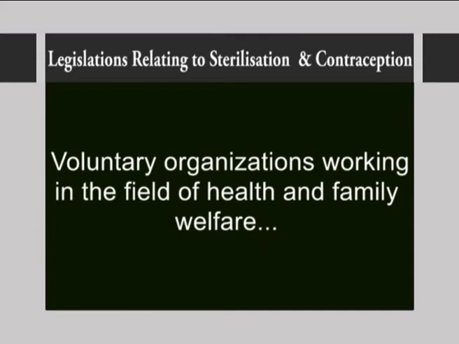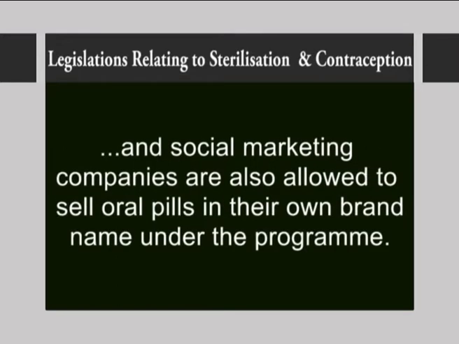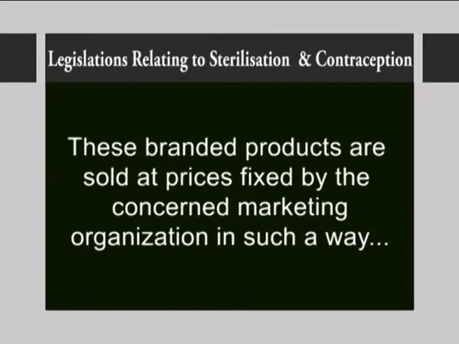Voluntary organizations working in the field of health and family welfare and social marketing companies are also allowed to sell oral pills in their own brand name under the program.